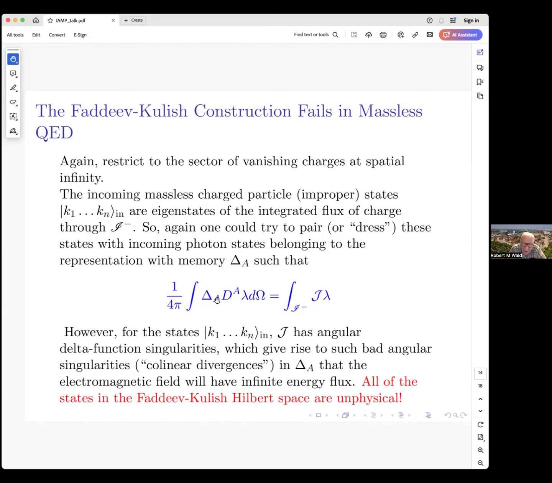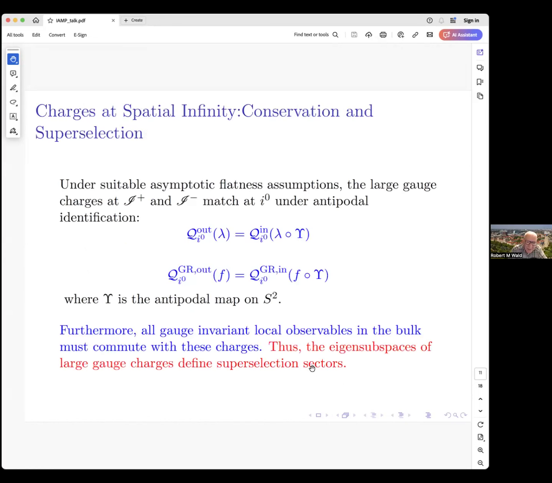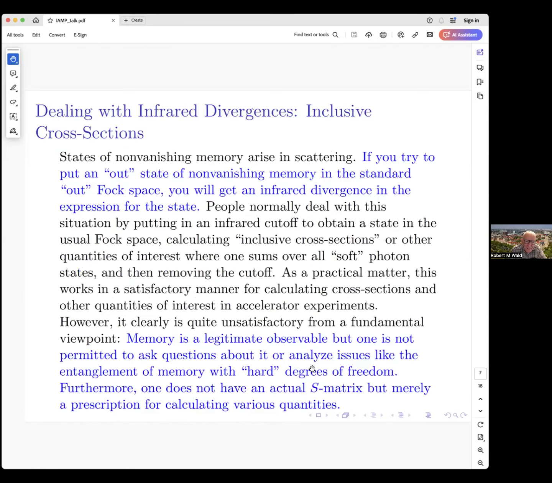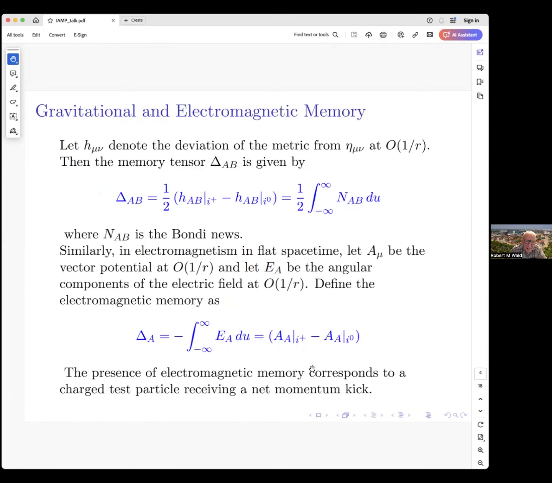When you look at what that means for the memory, that in fact gives quite bad angular behavior in the memory. This memory, of course, is this integral of the electric field and is the difference in the vector potential.